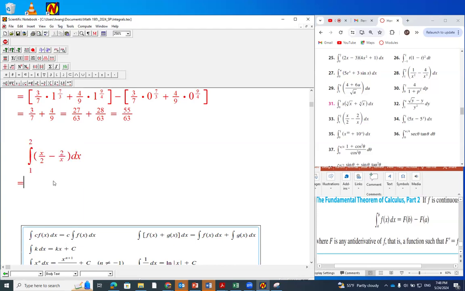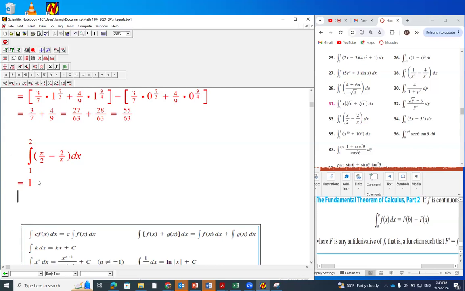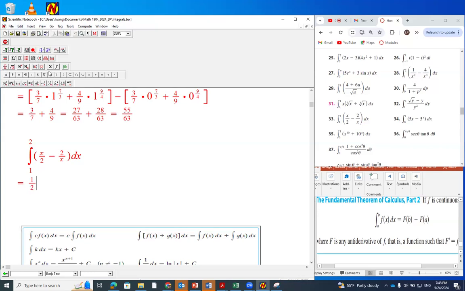Well, we can actually use the antiderivative. The antiderivative for x over 2: we can put the divided by 2 as 1/2 on the side, and then work on the antiderivative for x, which is x squared over 2, subtracting the antiderivative of 2 over x.